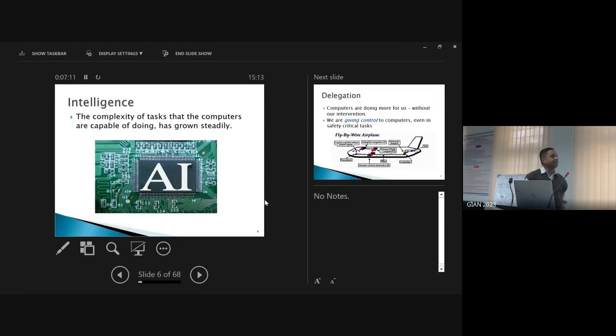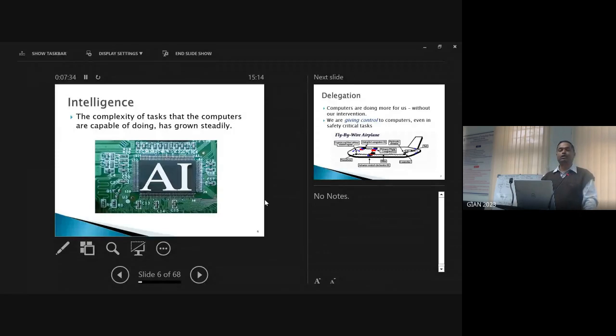The third thing is intelligence. What is intelligence? It is the capability of a computing system to solve complex tasks, which we as human beings can solve, and the same thing we expect the computer to do.